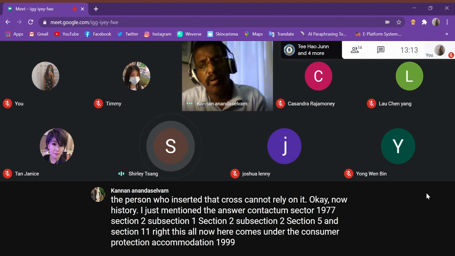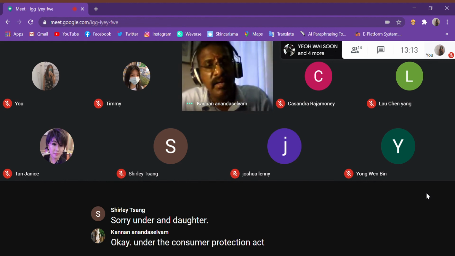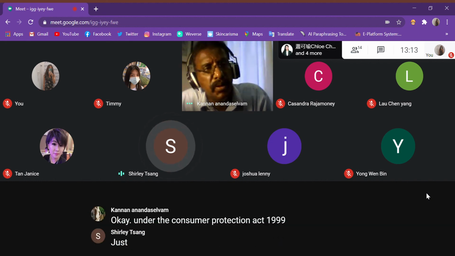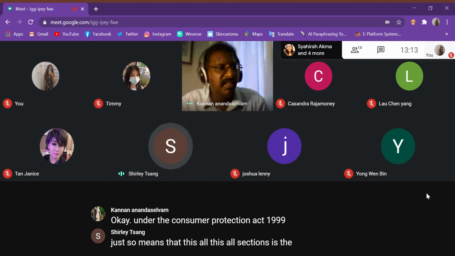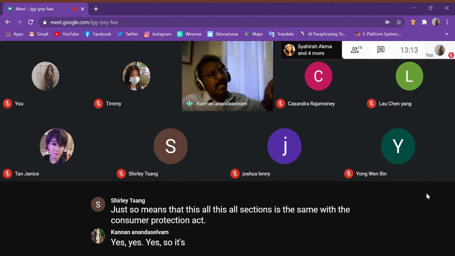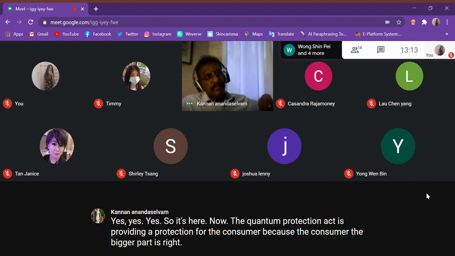So this all is the same as the Consumer Protection Act. The Consumer Protection Act provides protection for the consumer because the consumer is the weaker party. Same.